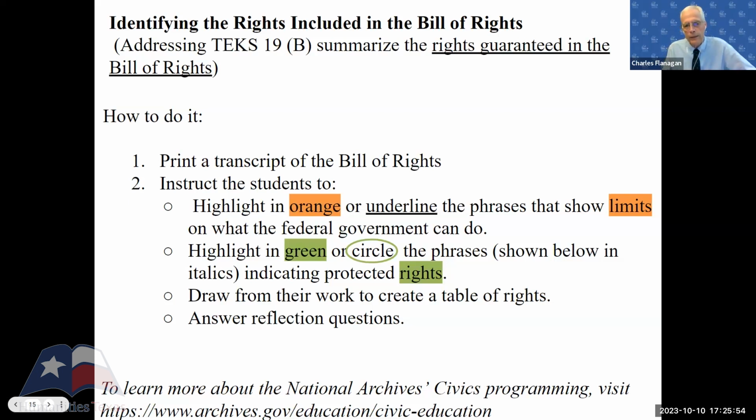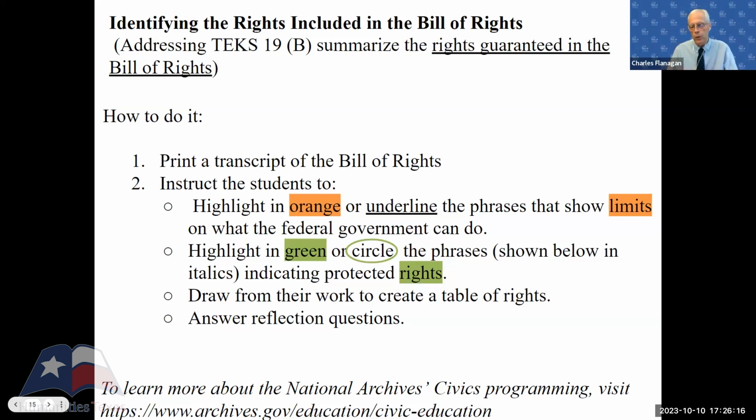They're going to highlight in orange or underline phrases that show limits on what the federal government can do. And then they're going to highlight in green or circle phrases that indicate protected rights. Then they're going to draw from this work to create a table of rights, and then answer some reflection questions.